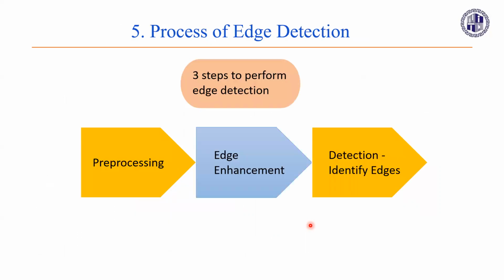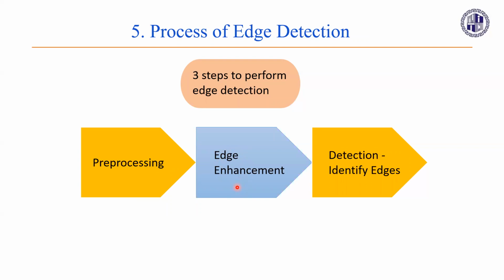Process of edge detection. So there are three steps to perform edge detection. First one is pre-processing. Here we prepare the image for edge detection by applying various operations such as noise reduction, smoothing, and contrast enhancement. The second step is edge enhancement or edge detection.